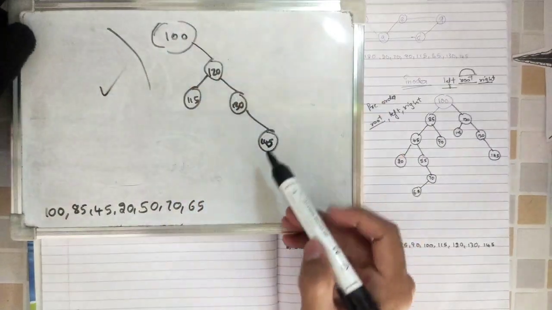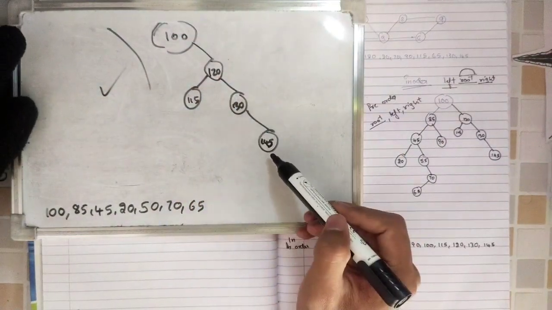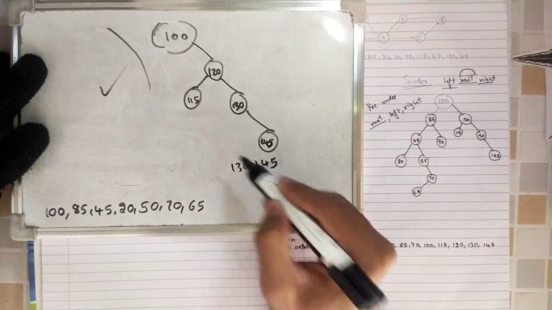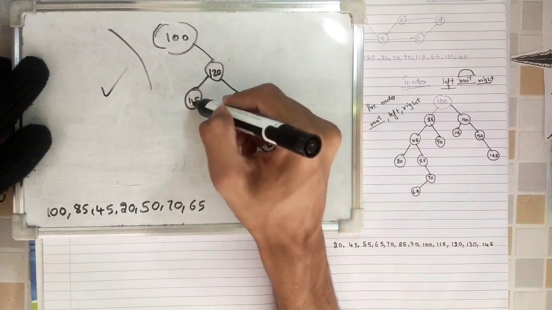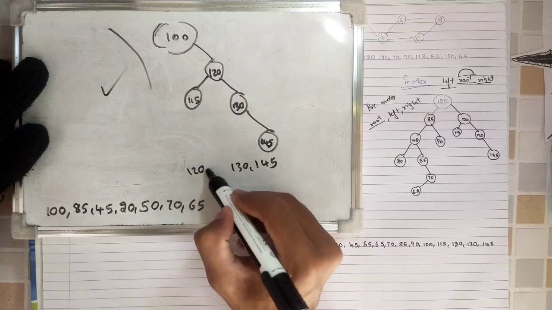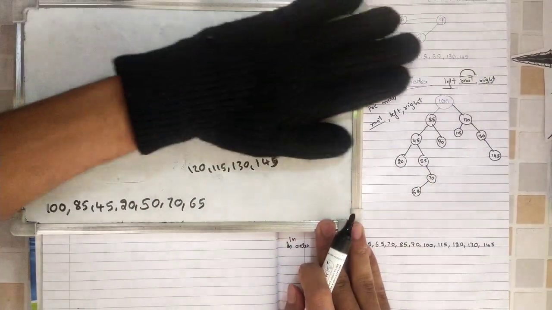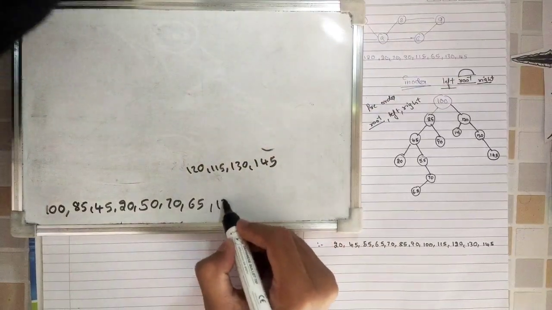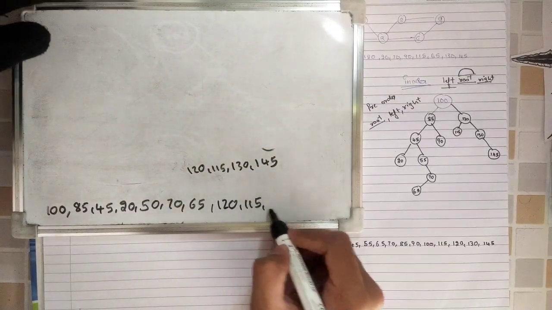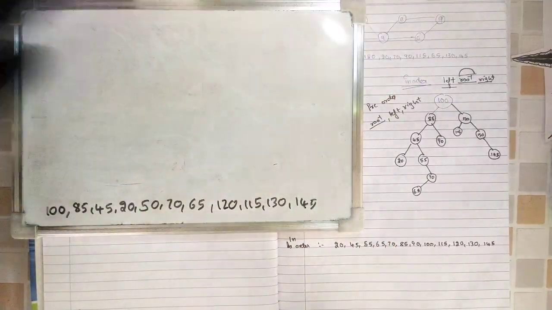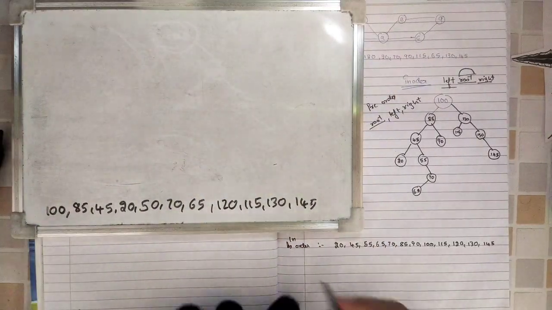Okay, now my right. So see, this is root, then right. So 130 comma 145. Then again this is root, this is left, then right. First I will write root 120, then my left, then my right, everything that was there. So now I will just add this here: 120, 115, 130, 145. So this is nothing but my expression for my pre-order.